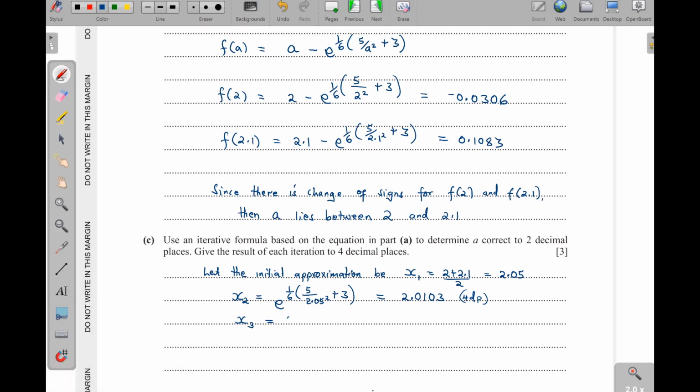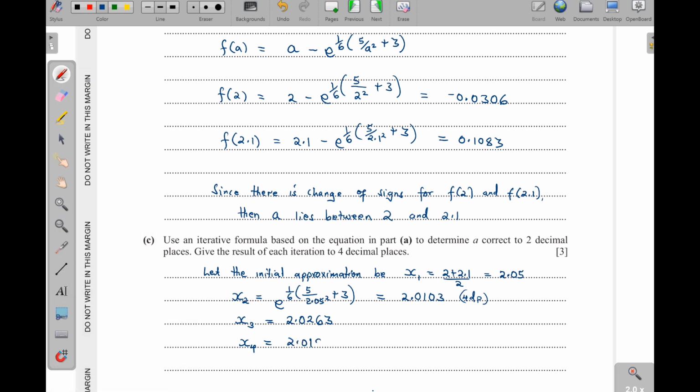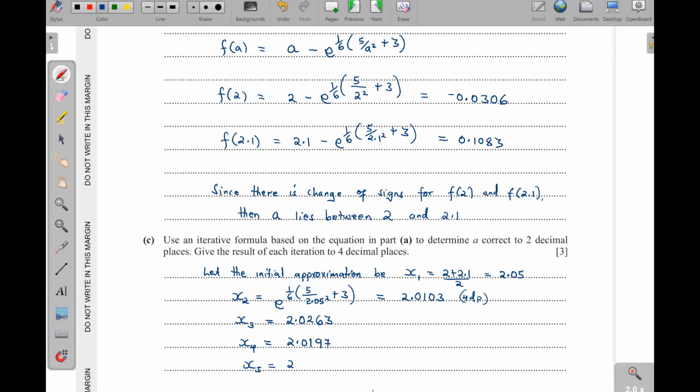So this is 2.0263, then x4, 2.0197, then x5, 2.0224.